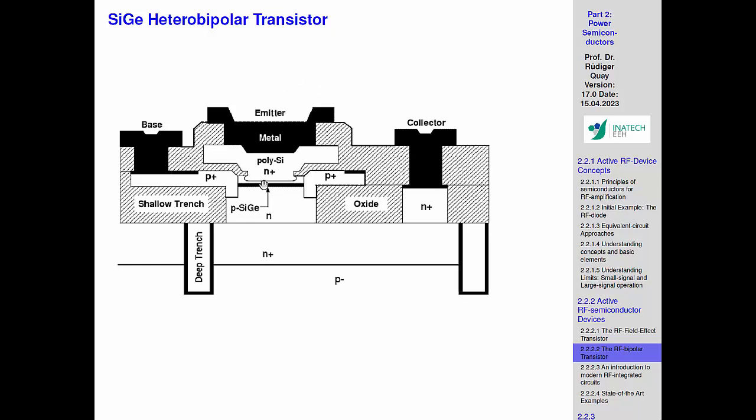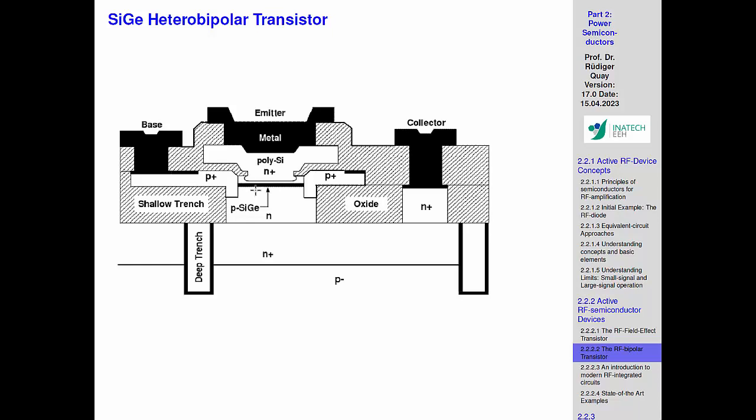And here is then the silicon germanium bipolar transistor. So you have all the features from silicon, and then here a silicon germanium layer, which is the base, and the silicon is the wide band gap. So this is the emitter.